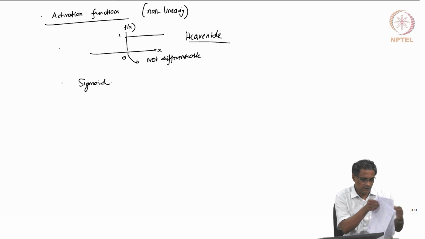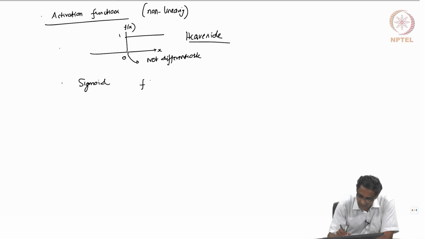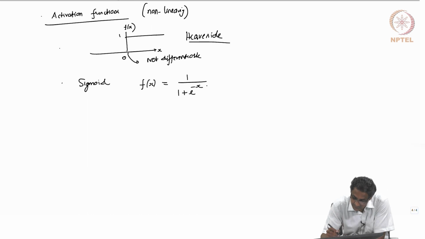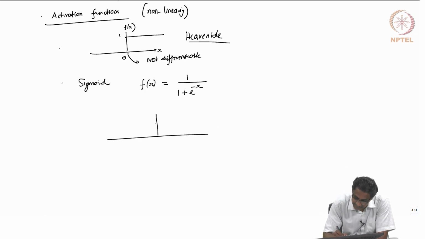Now f of x is equal to 1 by 1 plus e raised to minus x. If you plot this, at x equal to 0 it is half, 1 by 2.